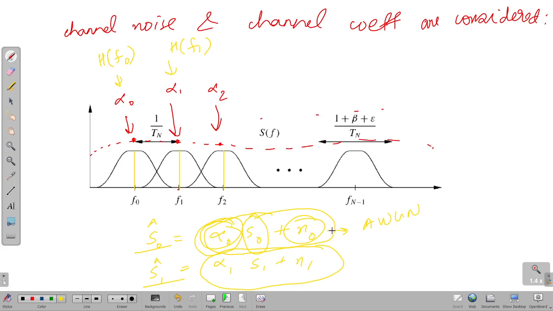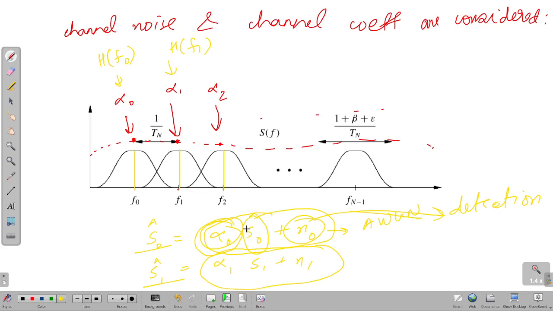So you want to cancel this channel coefficient effect, and you have many detection techniques in order to extract S0 out of this whole mixture.